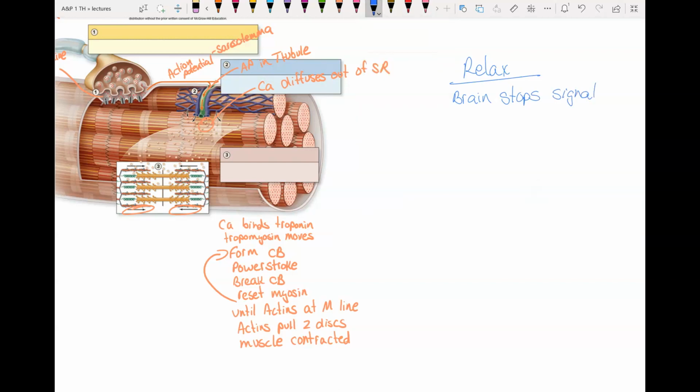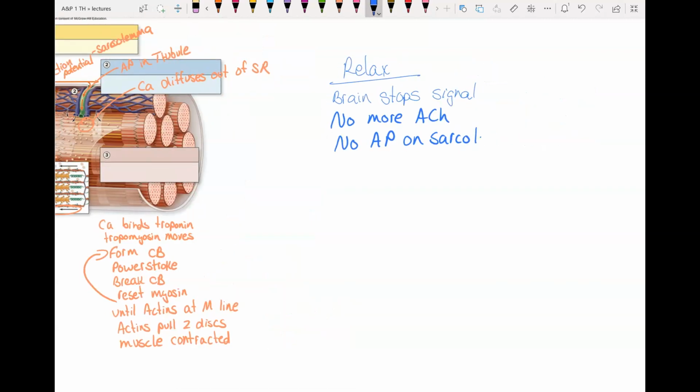And once the signal stops, there's no more acetylcholine. So then there's no more action potential. And if there's no action potential on the sarcolemma, it's also not in the T-tubule.